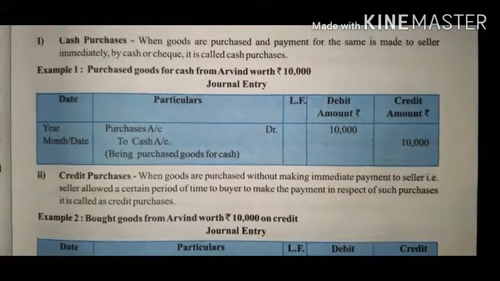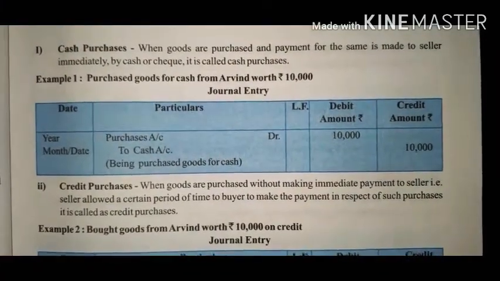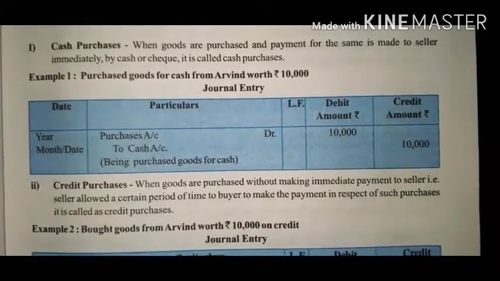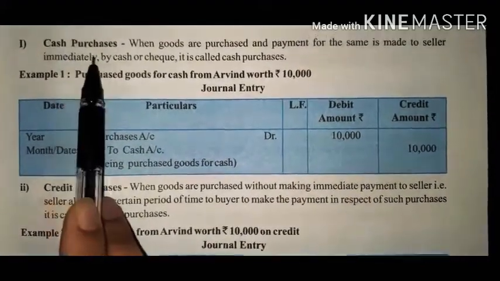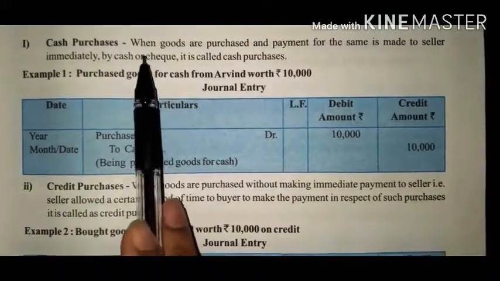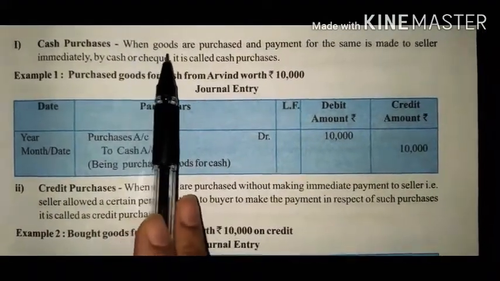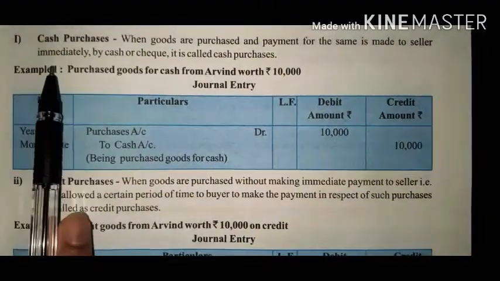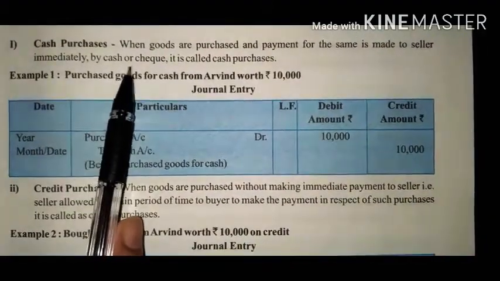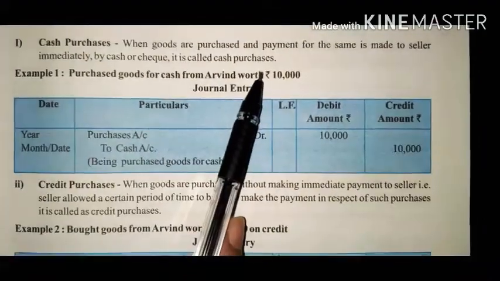So here are some transactions. We will see how they really work in a journal before getting to the example. First is cash purchases. Now what is cash purchases? When goods are purchased and payment for the same is made to the seller immediately by cash or check, it is called cash purchases.